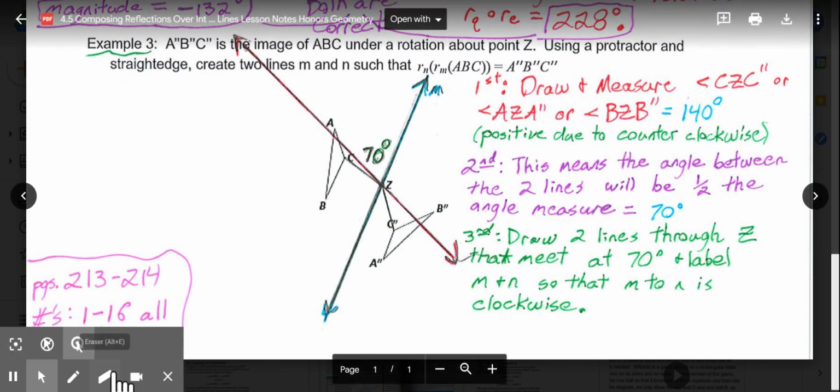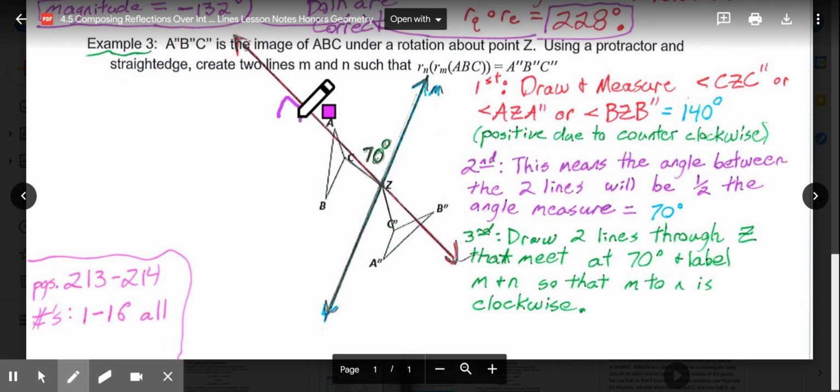So if I wanted the 70-degree measure to be M to N, this line here would be line M. This line here would be line N. So this one would be N, this one would be M, because then M to N is clockwise 70 degrees, and then we'd have that double measure.